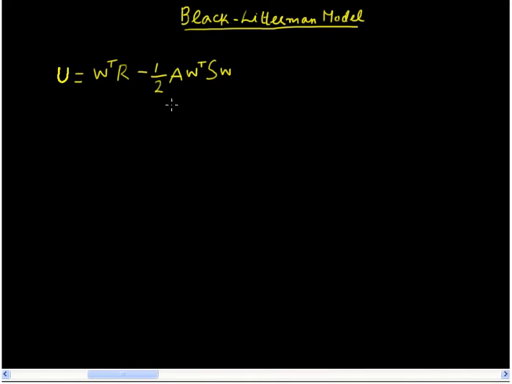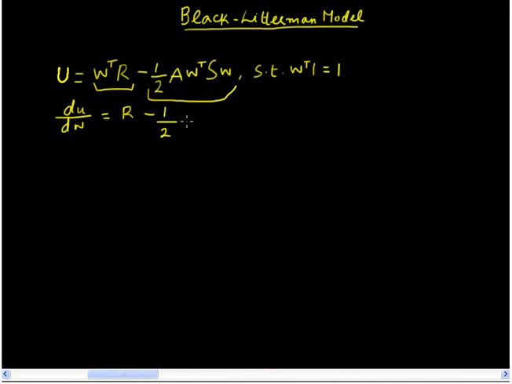So we have this utility function, and we want to maximize this subject to the constraint that the sum of all weights should be equal to 1. To maximize this utility function, we are going to take a partial derivative of U with respect to W, which is going to give us, from here we are going to get R, and from this term we are going to get 1/2 times 2, because W transpose times W is equivalent to writing W squared.